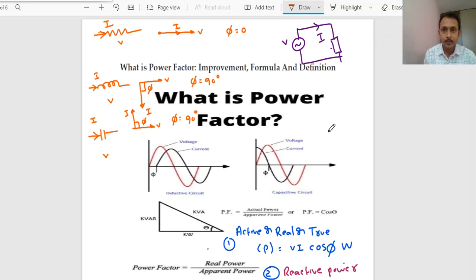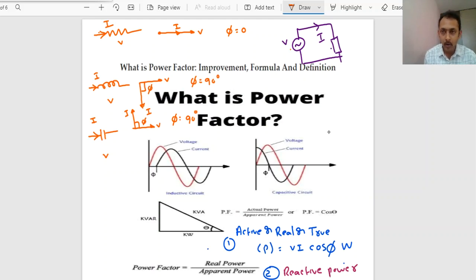Dear students, if you have a source supplying some voltage V, and you have connected a load, depending upon its power rating, this load is going to draw some amount of current. Now there will be some angle between the voltage and current, depending upon the nature of the load.